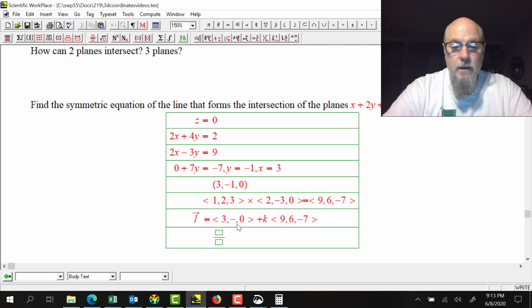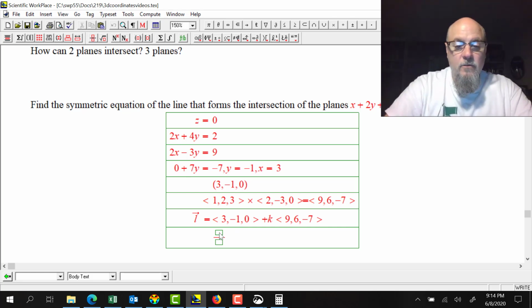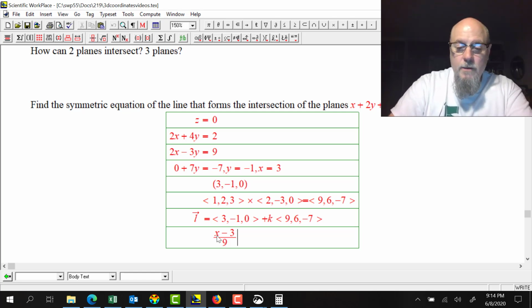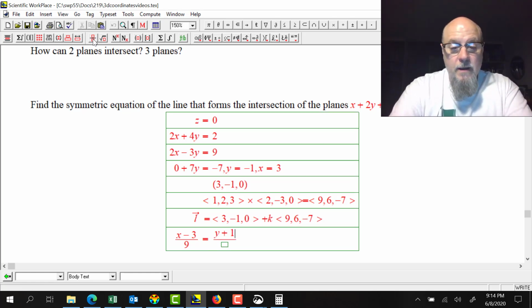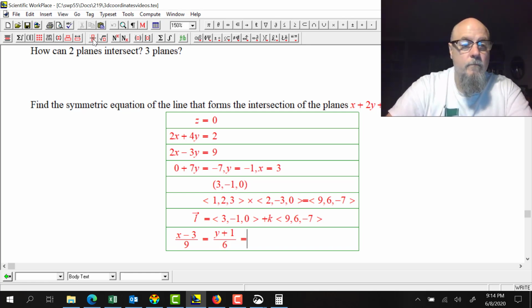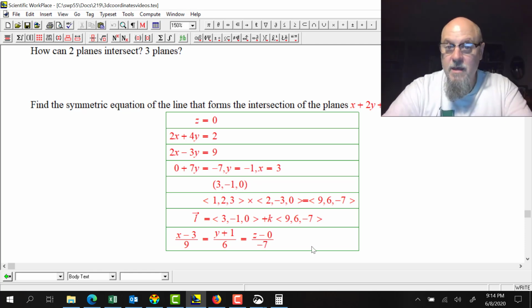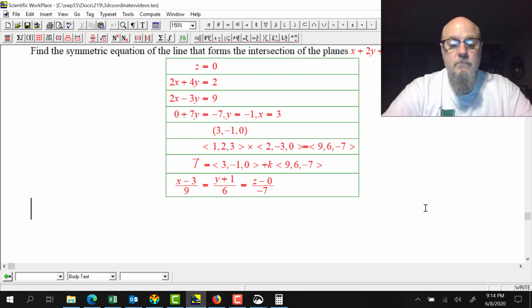So it's x minus the x value of the point divided by d1 is equal to y minus the y value of that point divided by d2, equals z minus 0 divided by minus 7. Now I've given the symmetric form. That'll be full marks for it.